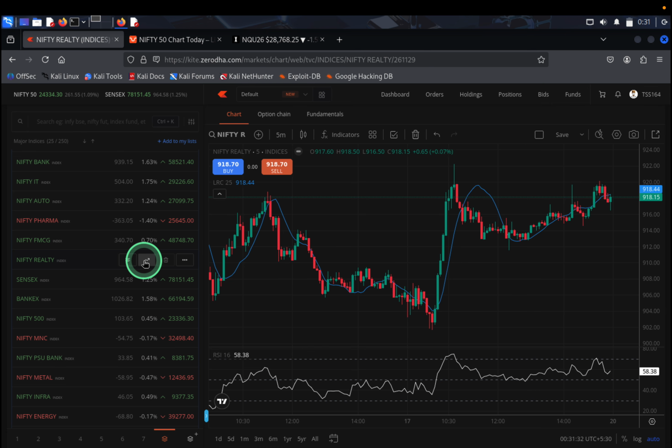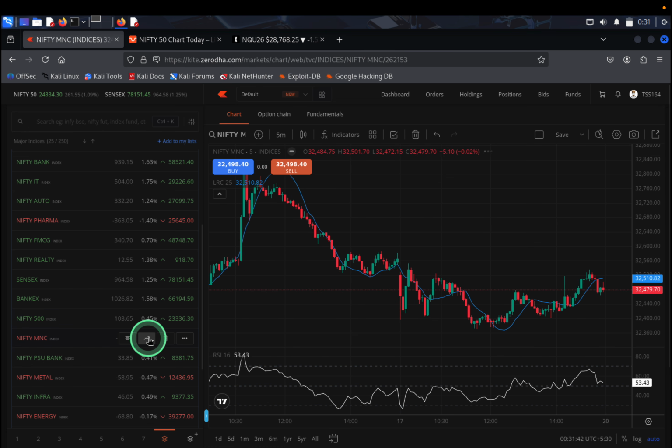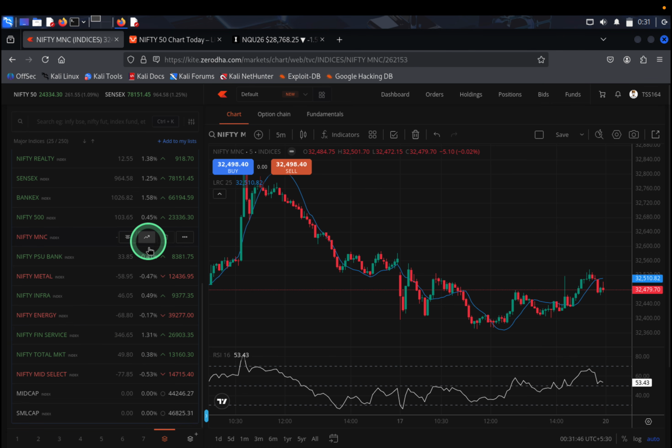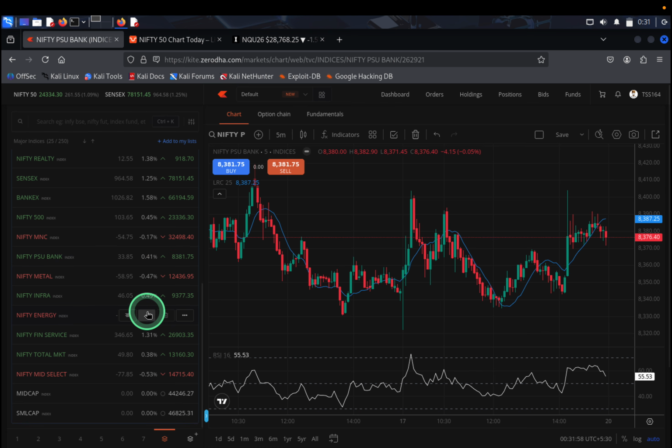Realty had the pace going on, but now is in rejection mode. Sensex, we do not have to consider. MNC is somewhat facing a downtrend. Metals got their pace going on. PSU Bank is consolidating.